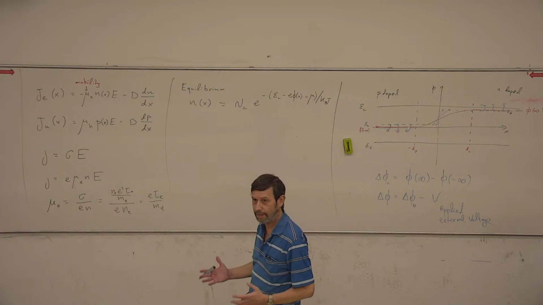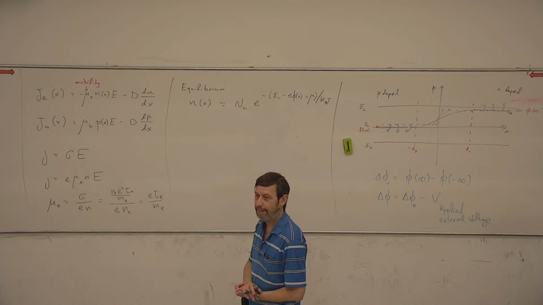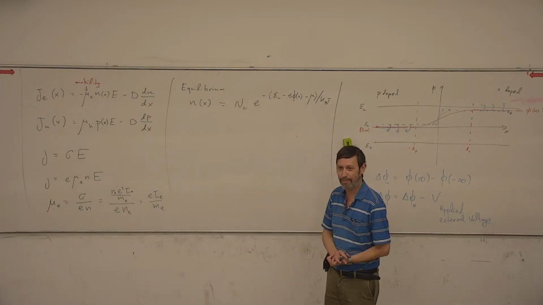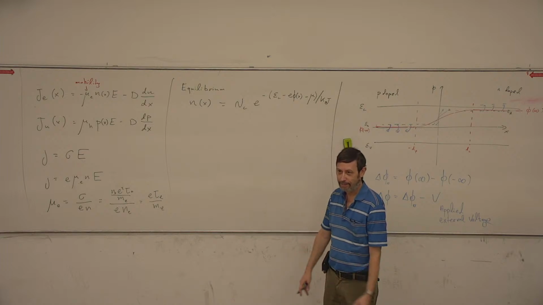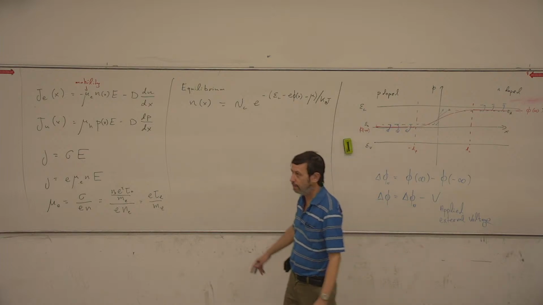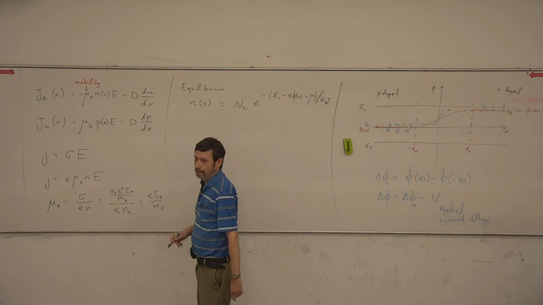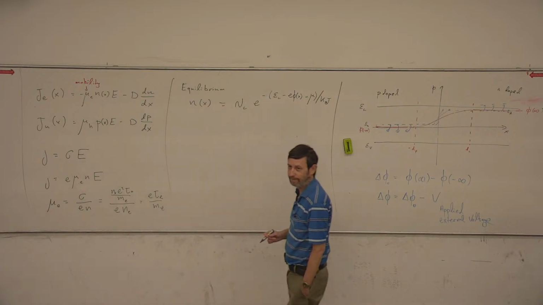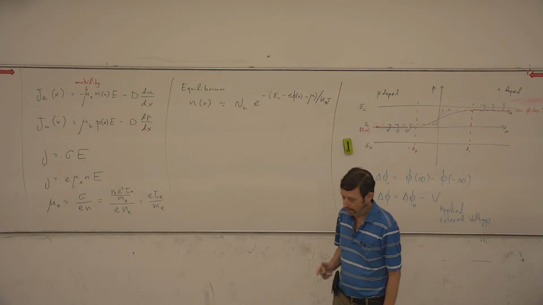Is current at equilibrium, meaning with no applied external voltage, 0? Should have jumped immediately. Equilibrium, no current. Why? Because if you had current, you would have put the electrical company out of business.